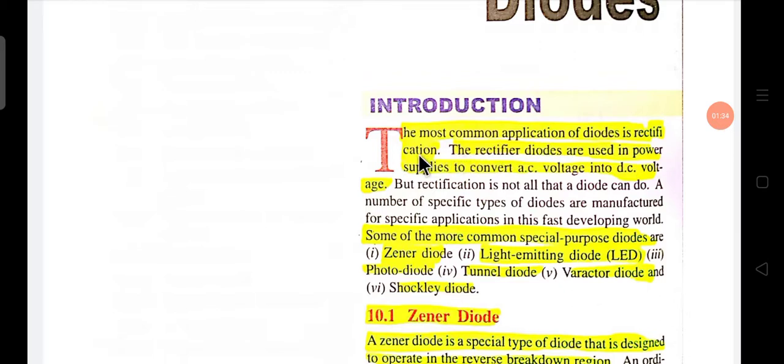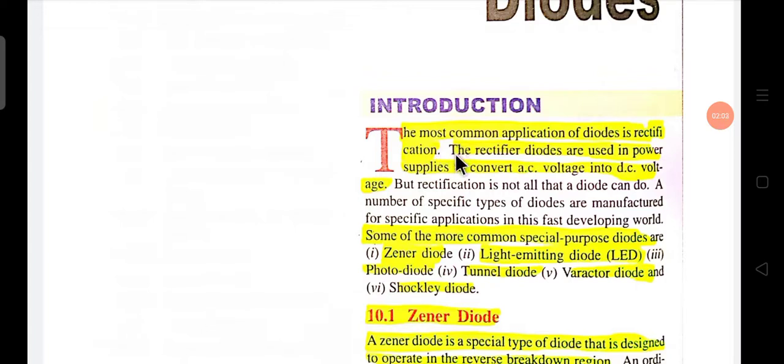The most common application of the diode is rectification. The common work of a diode is rectification, like a filter. It filters something, or it removes unwanted things from the desired output and gives the desired output.